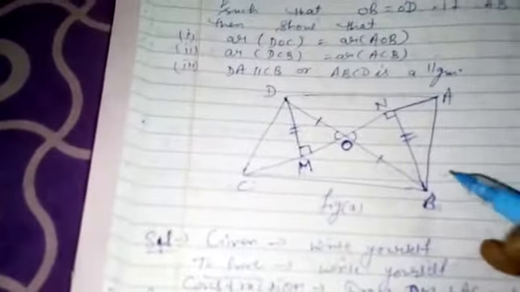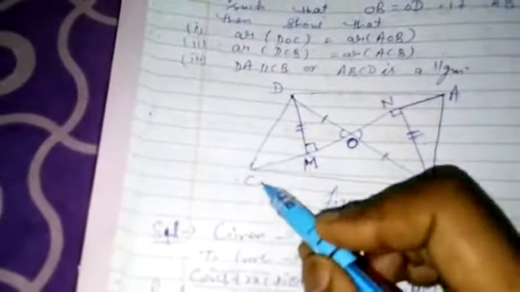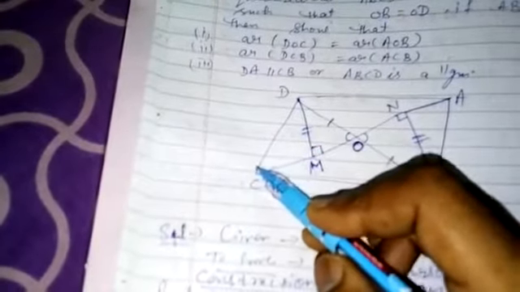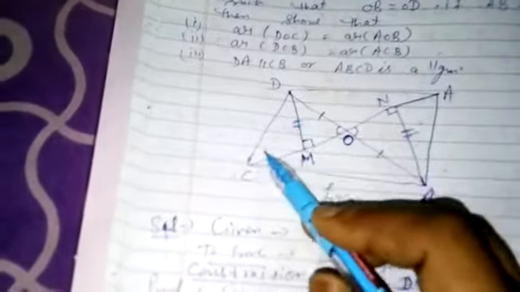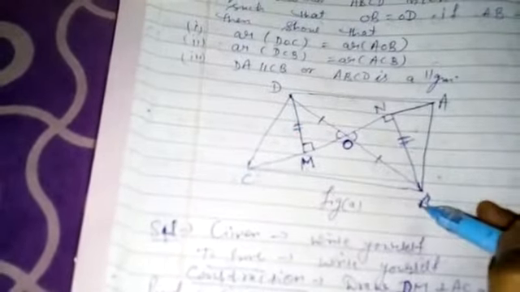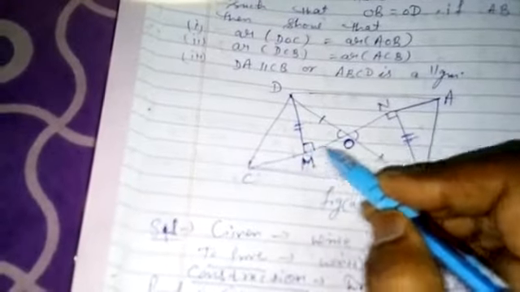Now take DMC and BNA. In this also, AB is equal to CD, which is given. These two sides we proved just above, so we can write these equal, and this angle is 90 degrees on each side.